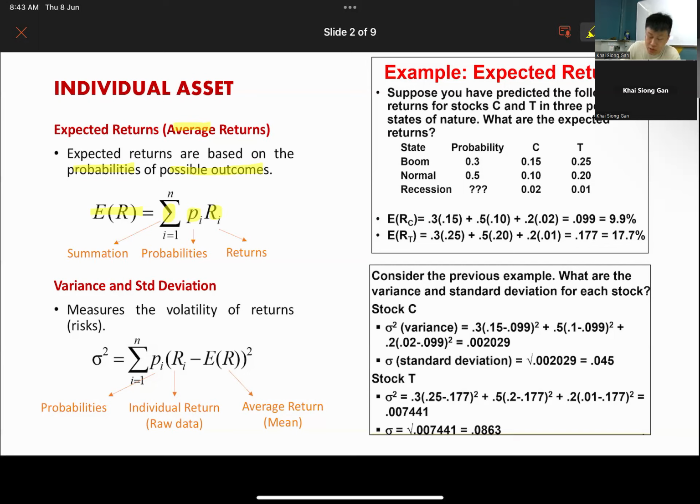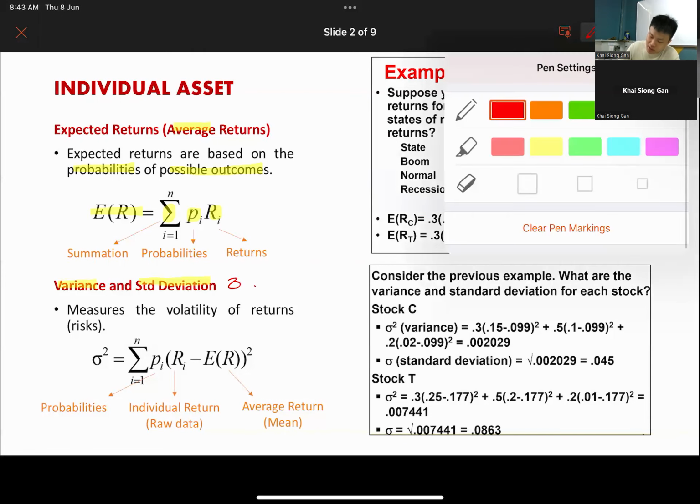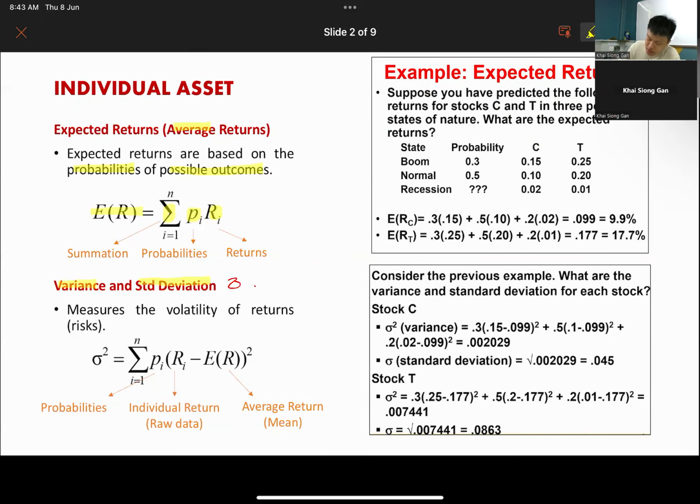So I take into account two components, probabilities and the returns, times each other, and I get the expected returns over here. Now, I will also need to calculate variance and standard deviation. The purpose I want to calculate standard deviation is because I would like to find out the risk. So standard deviation is the measurement of the risk. So how do I calculate that? I have to look into the difference between the individual return minus the expected return.